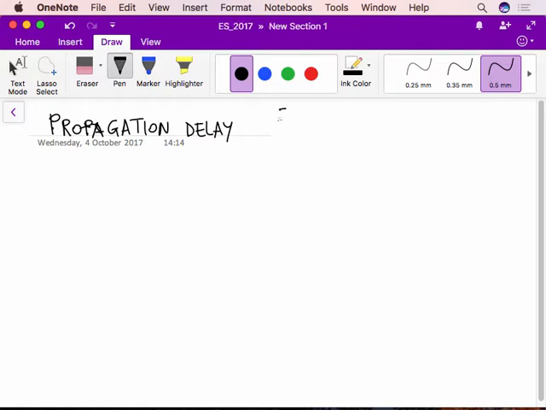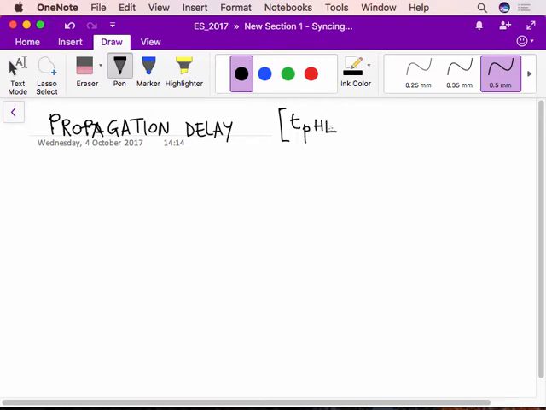Now, let us, for example, calculate the propagation delay between high and low. So this means that the output voltage has to switch from the high level, VDD, to the low level, which is 0.